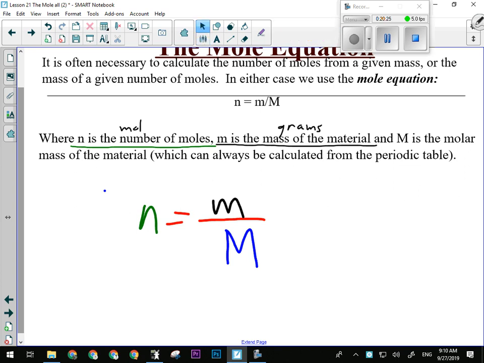And then big M is the molar mass, that thing we just learned how to calculate, and that will obviously be in grams per mole. So that's what the three parts of that formula stand for.